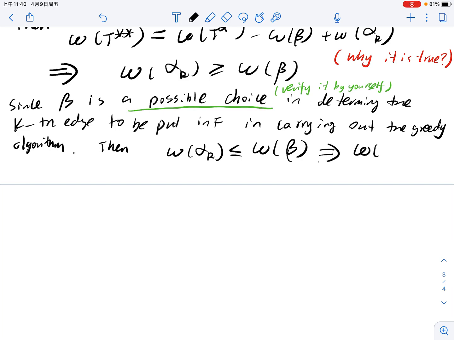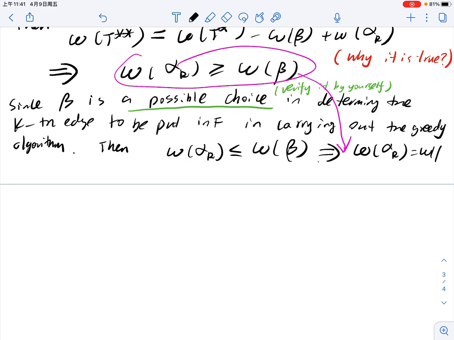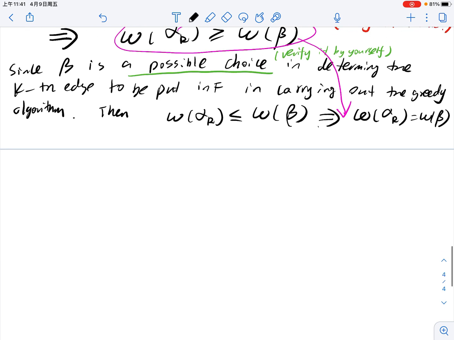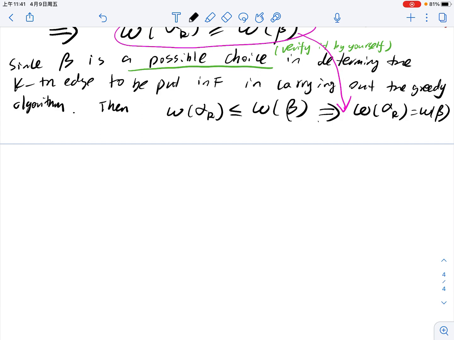Combining with the reverse inequality, we can conclude omega beta has the same weight as omega alpha k. And then we see omega of T double star is minimal.